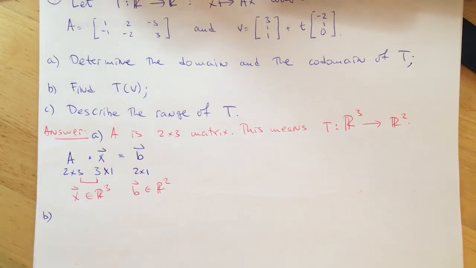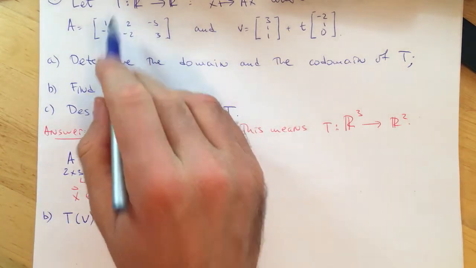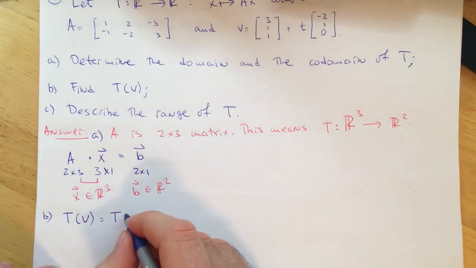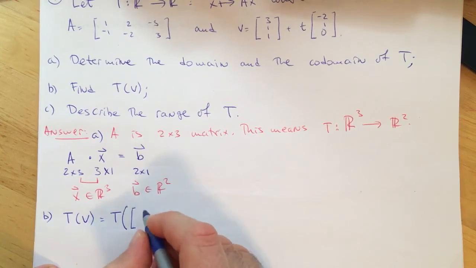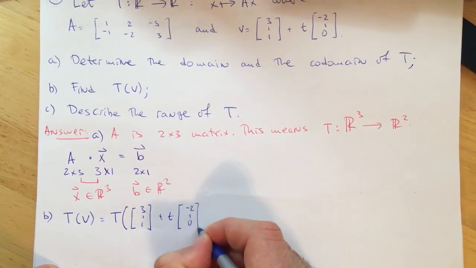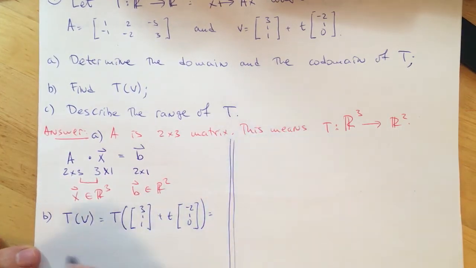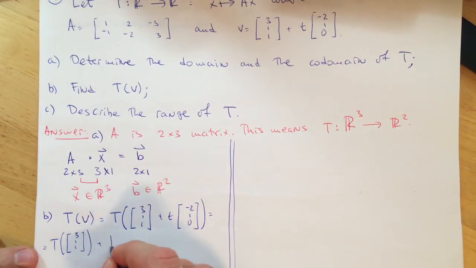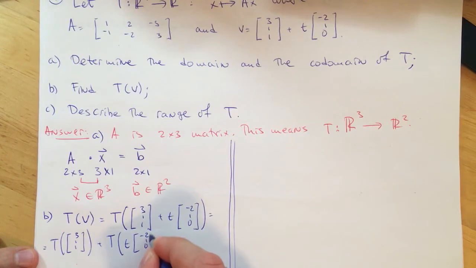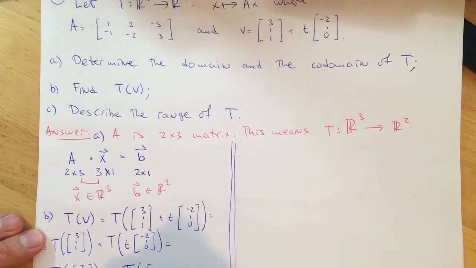Part B, I need to find the image of the line defined as v under the transformation T. T is a linear transformation, so T of (3, 1, 1) plus t times (-2, 1, 0) is equal to T of (3, 1, 1) plus T of t times (-2, 1, 0), which is T of (3, 1, 1) plus, pulling out the weight, t times the transformation of the vector (-2, 1, 0).